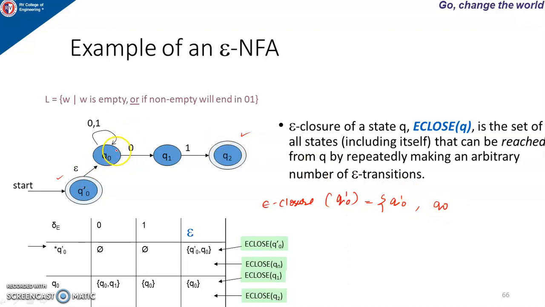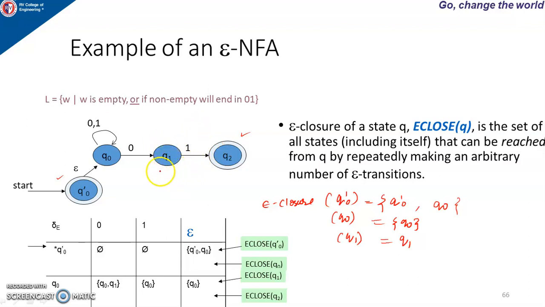From Q naught there is no null transition; it is only for 0 and 1. So we stop here. For Q naught, the null closure is only Q naught, because no other state can be reached from it using a null move. The null closure of Q1 is also only Q1, because no other state can be reached from Q1 using a null move.